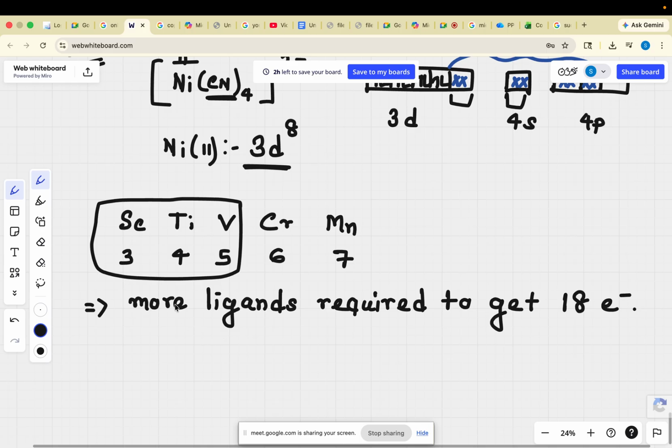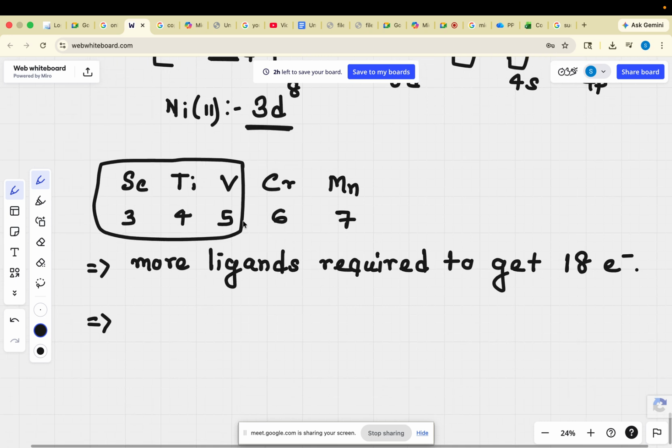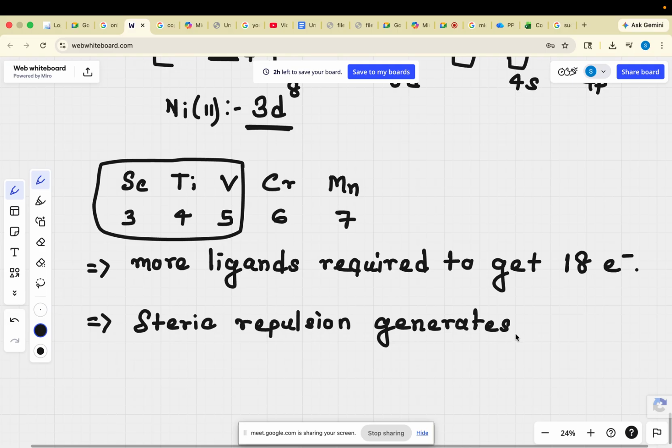More ligands are required to get 18 electrons, that is fine. But suppose 5 to 6 ligands, 6 to 7 ligands are coming to the metal center, what will happen at that time? Steric repulsion generates.